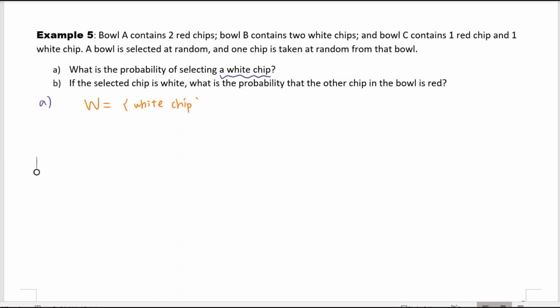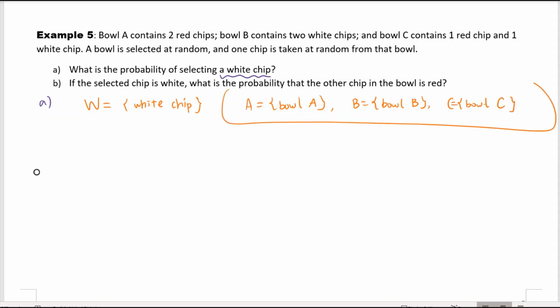And B1, B2, B3, now we call them A, the chip is from bowl A, B, the chip is from bowl B, and C, the chip is from bowl C.